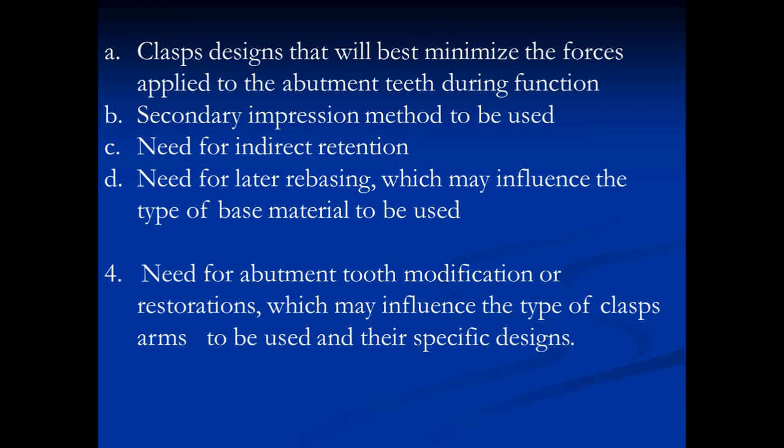Then in an entirely tissue supported one, in a class 1 situation, we have support only in the anterior section and posteriorly we have 2 edentulous saddles on either side. In such conditions, we can give only 2 direct retainers on principal abutment teeth at the corners.